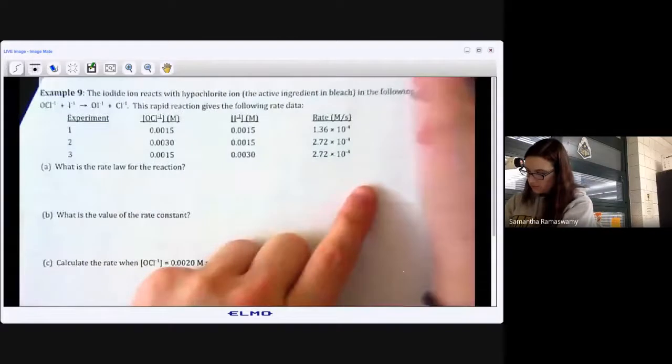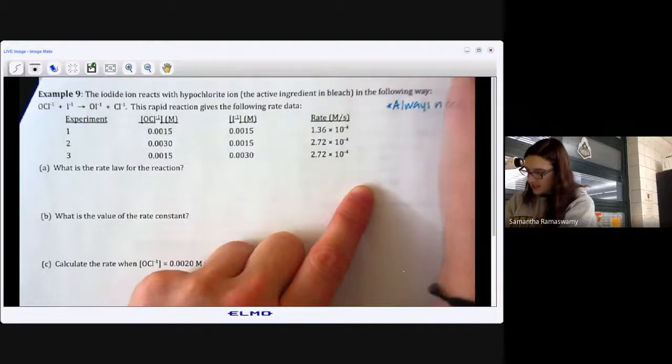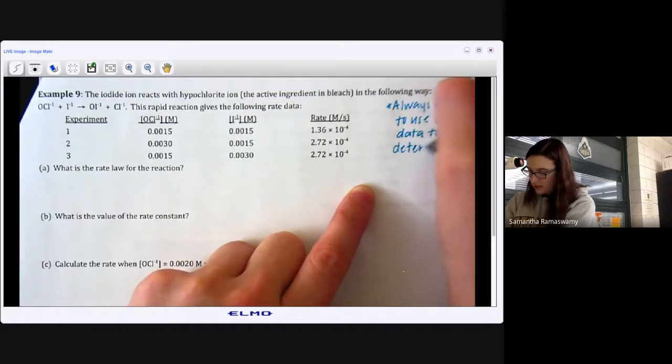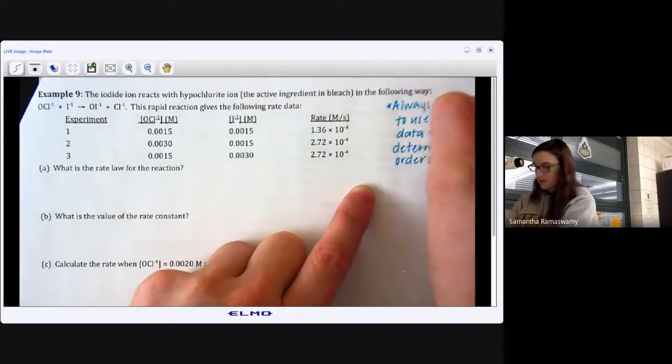All right, so up here I'm going to say, right, we always need to use the data to determine orders. Right?